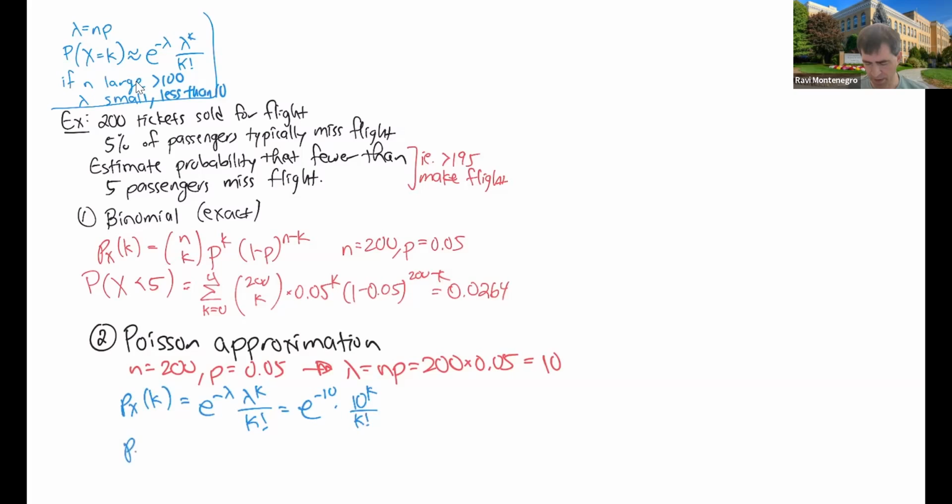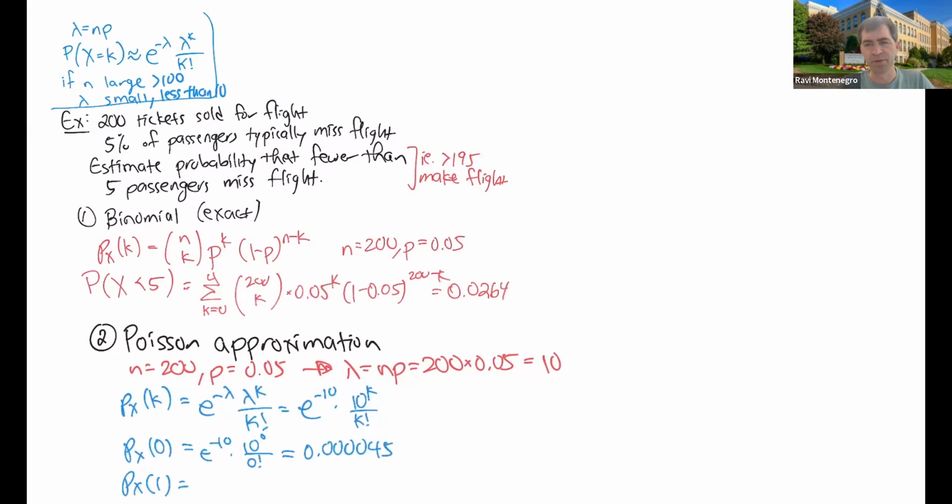The probability that no one misses the flight: nobody misses would be e to the minus 10, 10 to the 0 over 0 factorial. 0 factorial is 1, so this is really just e to the minus 10. E to the minus 10 is really small. So 0 point, and then you have 4 zeros, 4, 5.